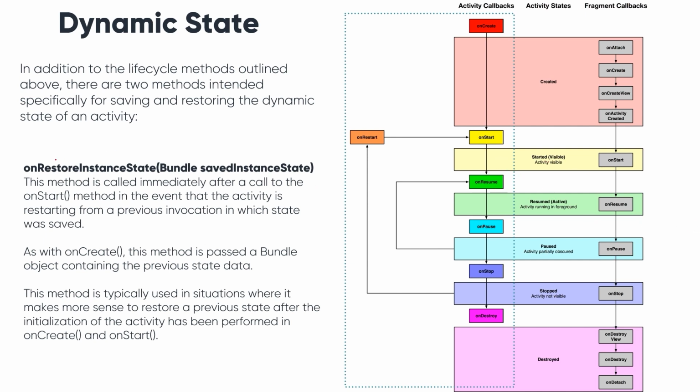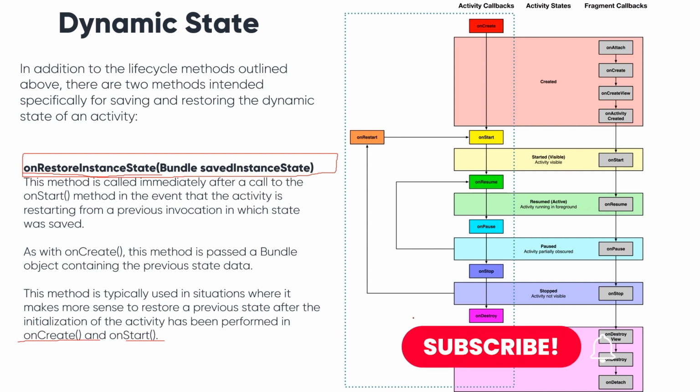So please pay attention to this method. Later on, we will use it when we call the bundle. This method is typically used in situations where it makes more sense to restore a previous state after the initialization of the activity has been performed in the onCreate and onRestart methods.